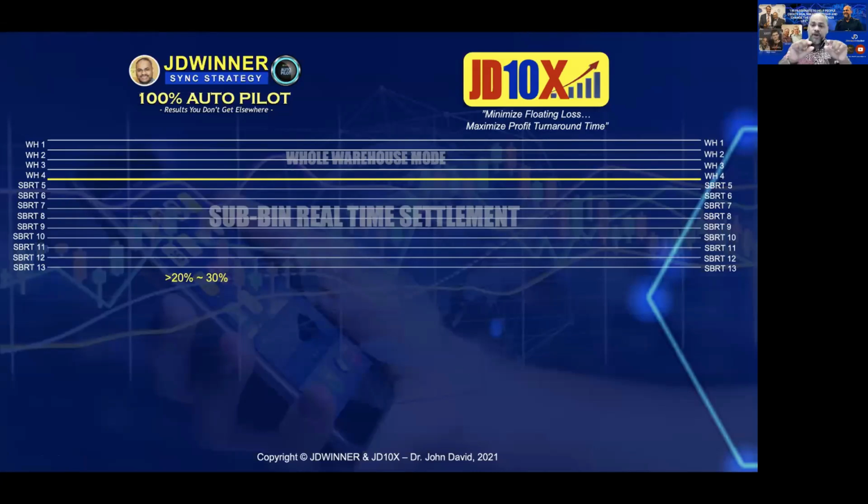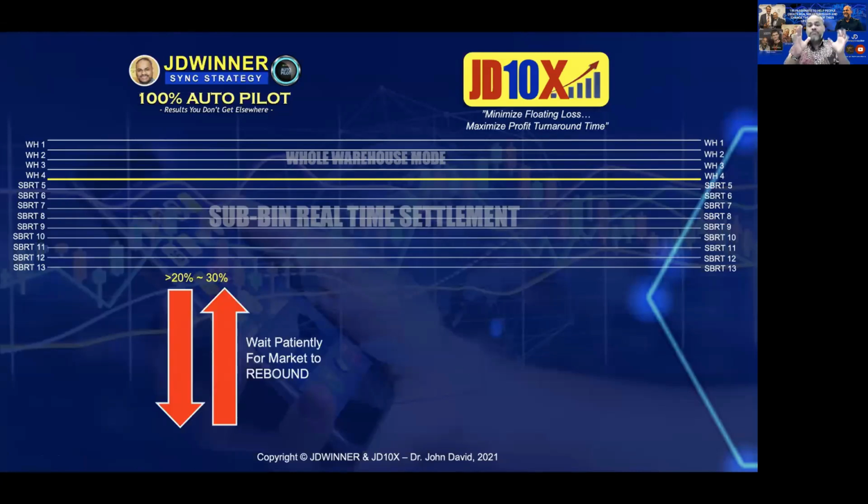So each of these blocks will be settled by itself as it closes at the profit, as the profit is triggered. So for JD Winner, as I mentioned to you, the margin call is 13. It is 20% to 30%. Now, if you look, the moment it hits the 13 margin call, what will happen?